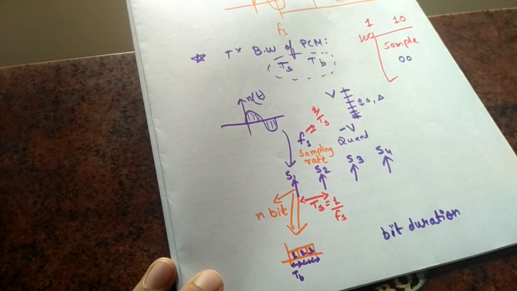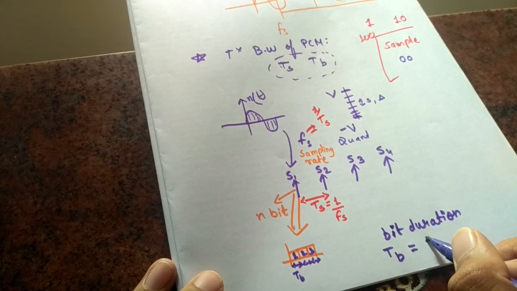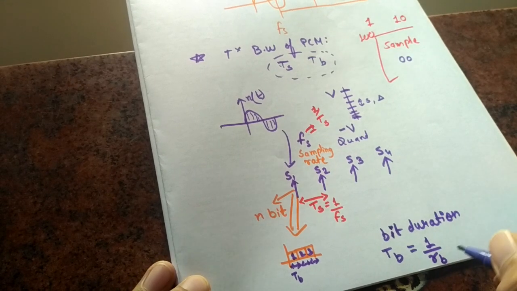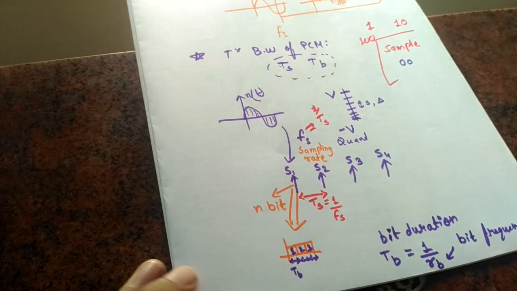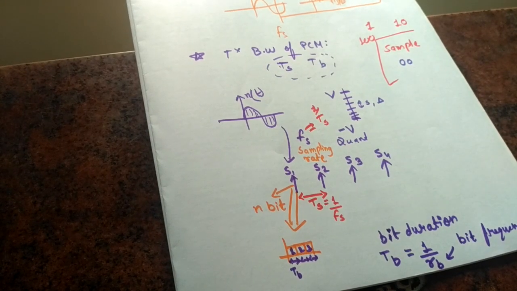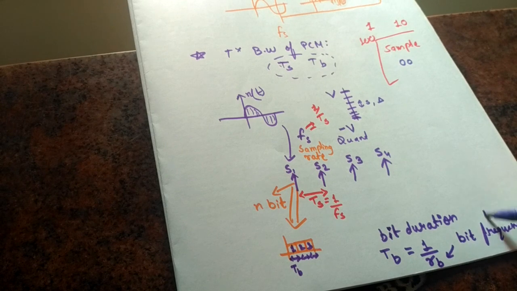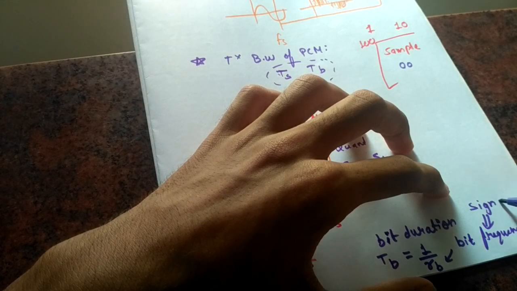So this Tb seconds can be written in the frequency domain as 1 upon Rb, which is nothing but bit frequency, or another name, signaling rate. So our signaling rate is given by Rb, which is nothing but 1 upon Tb.